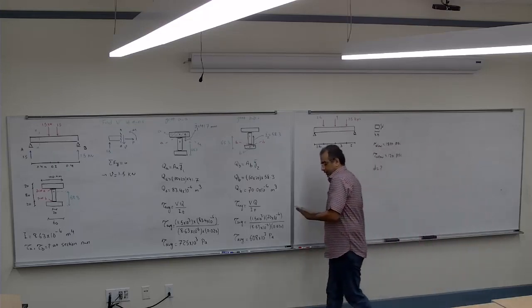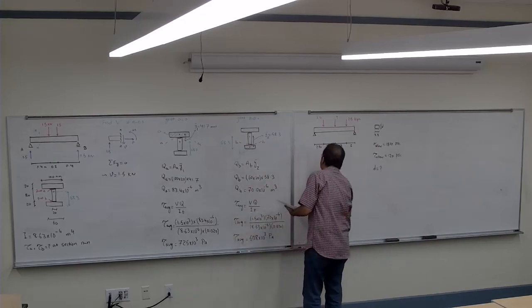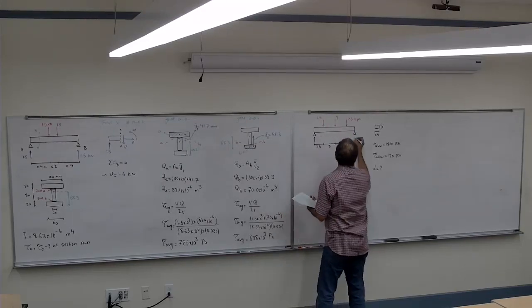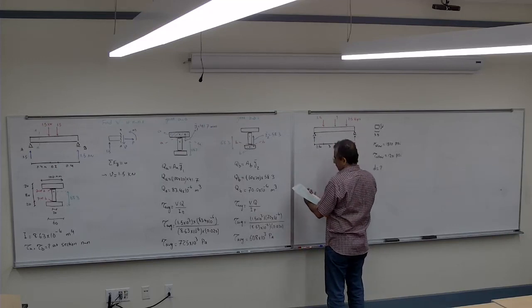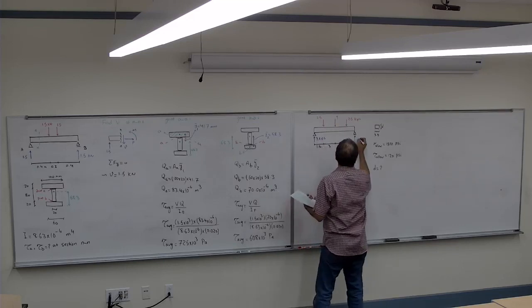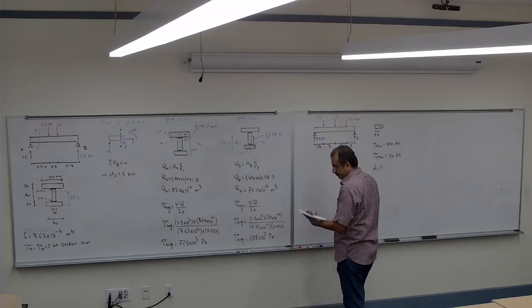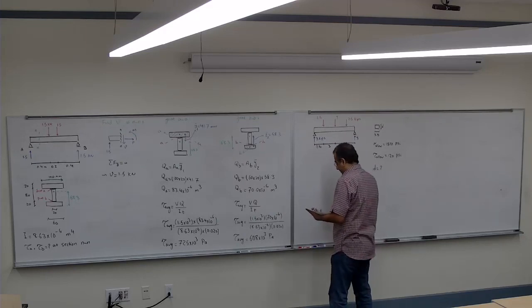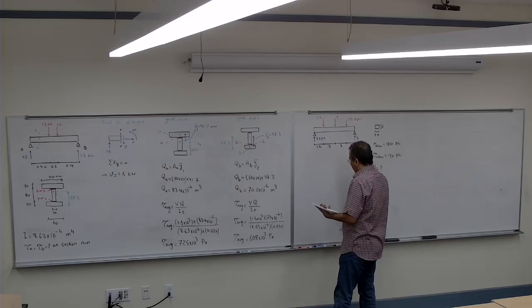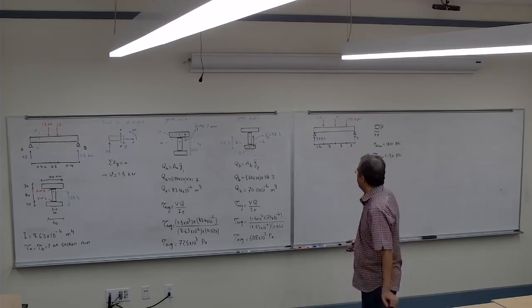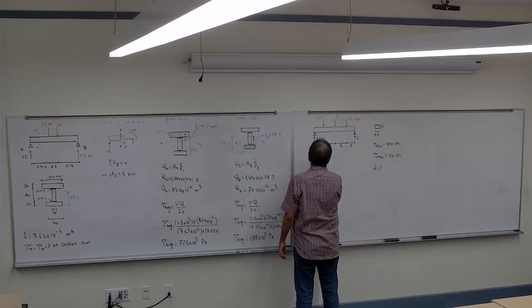The first thing we need to do is find the reactions of the support. It is symmetrical, so it's going to be 3 and 3 on both sides. Now I have to draw the shear and moment. So I want to draw them.